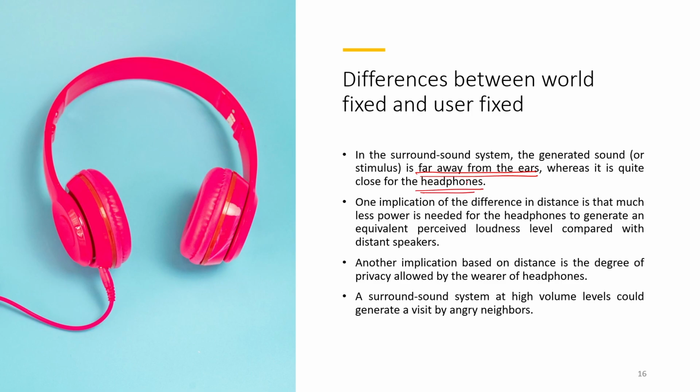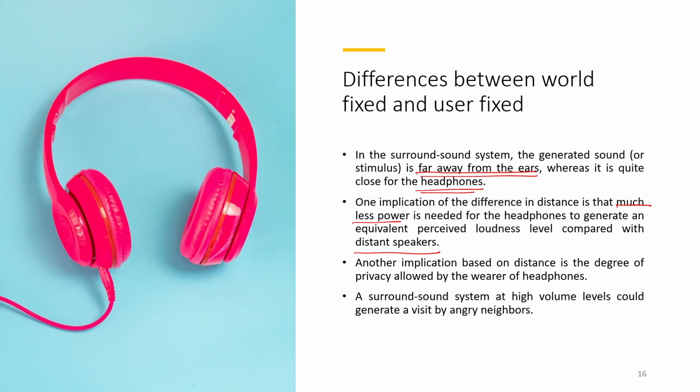One implication of the difference in distance is that much less power is needed for the headphones to generate an equivalent perceived loudness level compared with distant speakers. So, the power needed is much less. For speakers, we need a much higher power level because they need to traverse a distance to reach your ears, whereas with the headphones, since they are right at your ears, you do not need much power.